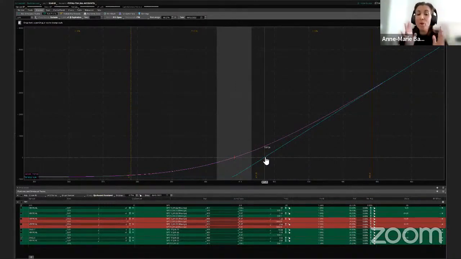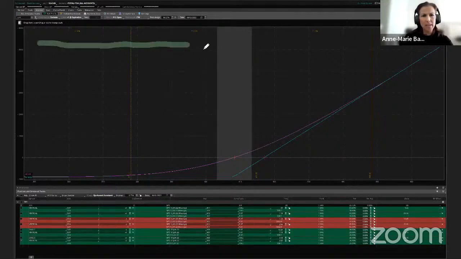Now, let's say you want exposure to that 408 strike, but you don't want to spend $900 and you want to make money a little bit sooner than it gets to 417. How do you do that? Welcome to the spread. And so as the spread moves up, you're going to see the opposite lines of the put lines. Remember, the put lines gave you something that looked like this.